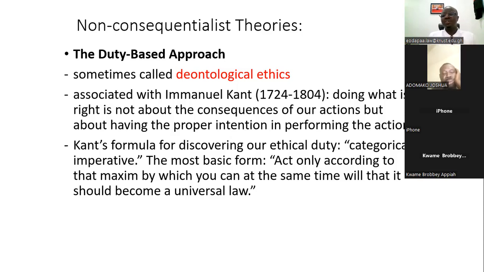By this categorical imperative, Kant meant that you act only according to that maxim by which you can at the same time will that it should become a universal law.